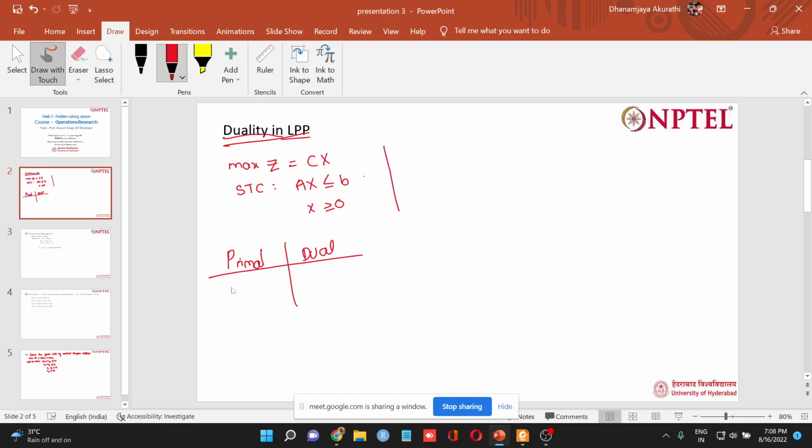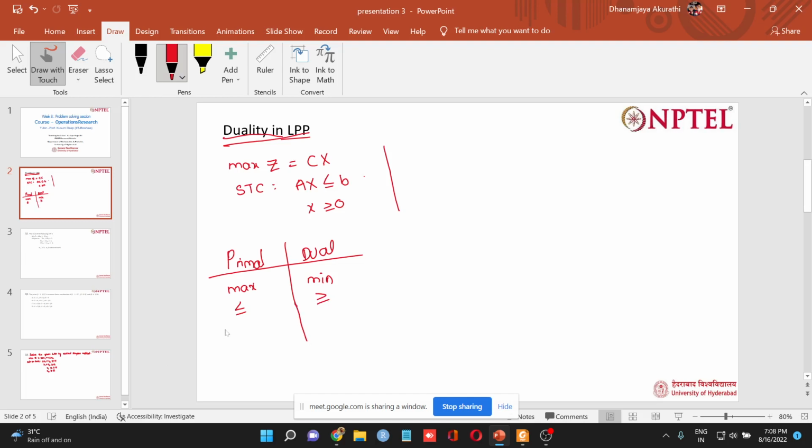In the primal case, if the objective function is of maximization type, then in the dual it is of minimization type. And in the maximization type the constraints are of less than or equal to type, and coming to the dual, all the constraints are of greater than or equal to type.